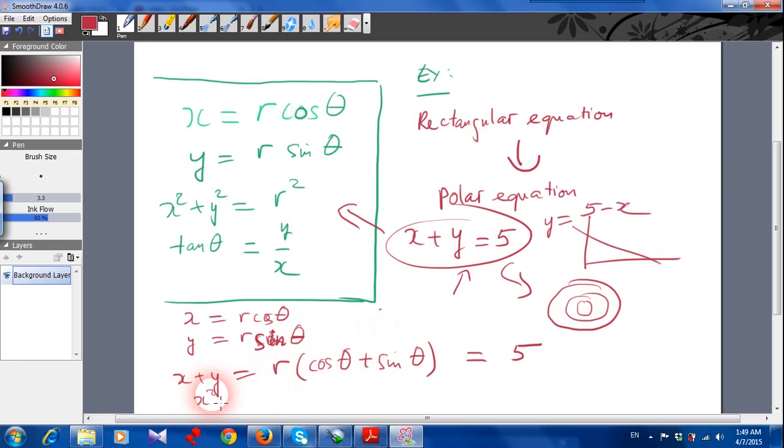We also have x squared plus y squared is r squared, but I think we don't need to use this one, because from this one we have r equal to 5 over cosine of theta plus sine of theta.